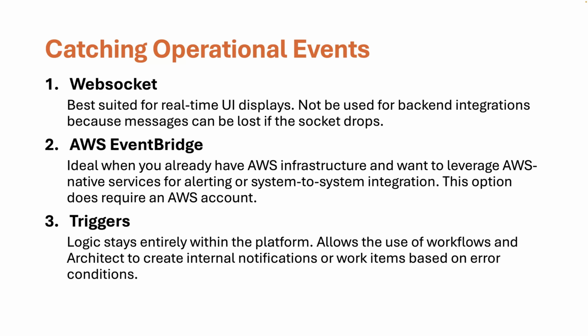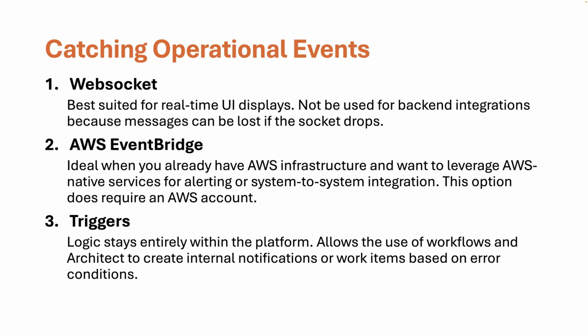The second is AWS EventBridge. This is ideal when you already use AWS in your project and want to leverage AWS native services for alerting or system-to-system integration. And the last one is process automation triggers, or simply triggers. While the other two are external solutions, this is an internal one. This is a strong fit for teams invested in Genesys Cloud who want to stay entirely within the platform.